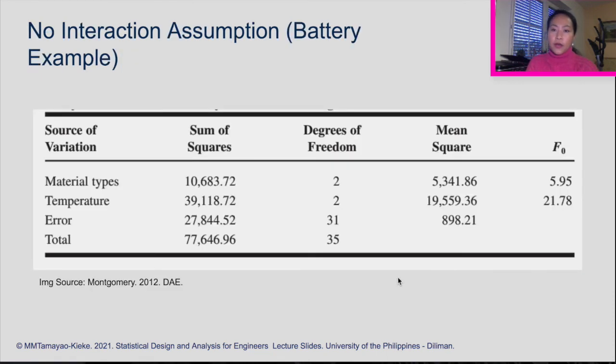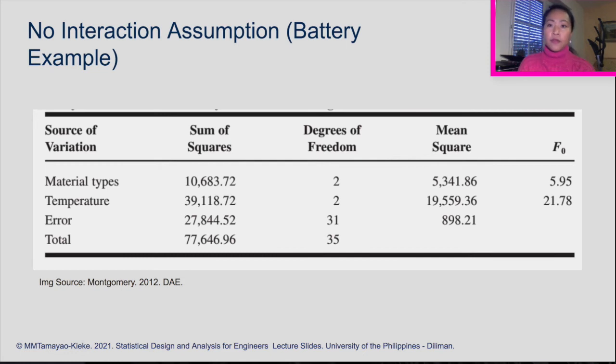This is the ANOVA result for the battery life example, assuming no interaction. The critical value of F at the 5% level of significance with degrees of freedom 2 and 31, for both material types and temperature, is 3.305.